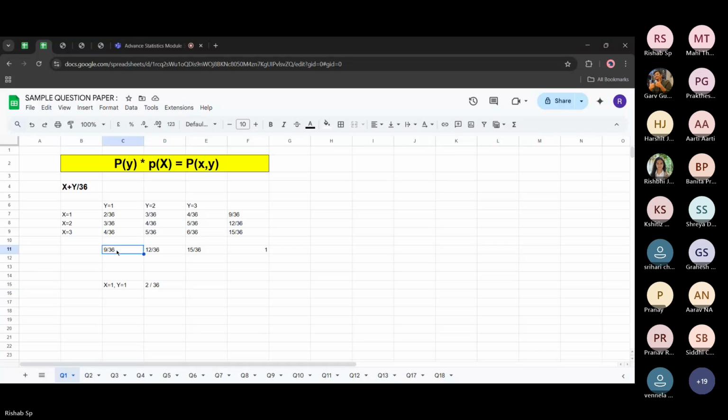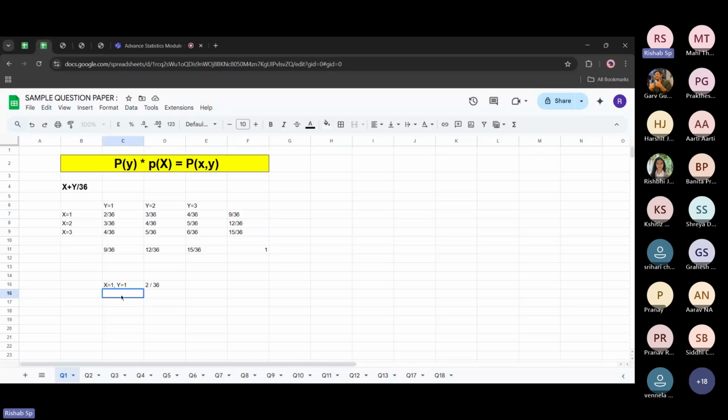So how do we find the expected value? Marginal row total into marginal column total divided by the sum.